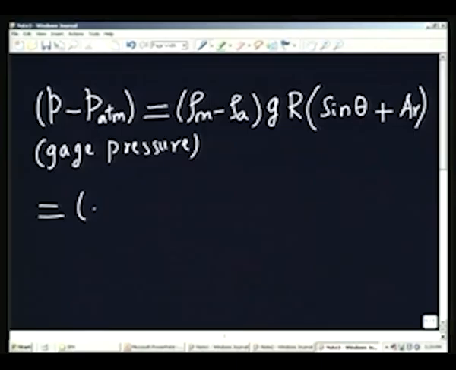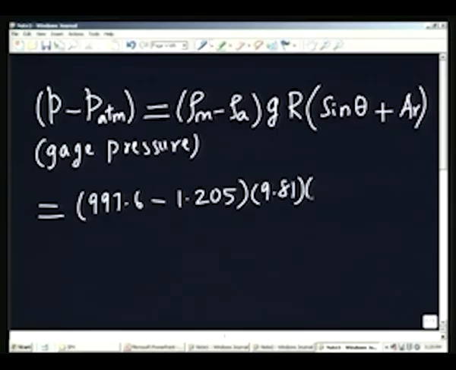Rho m is determined 997.6 minus rho a is 1.205, G I am assuming 9.81, R is 150 millimeters. So, I will convert it to 0.15 meters. In this formula, everything should be in SI units, otherwise you will not get pascals.